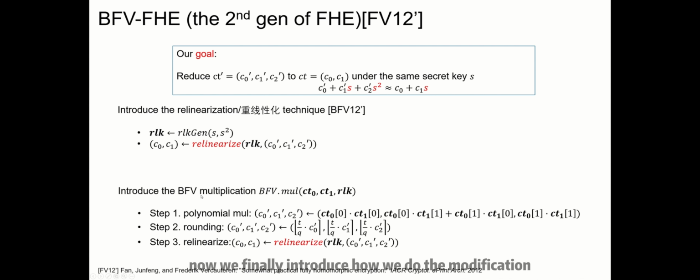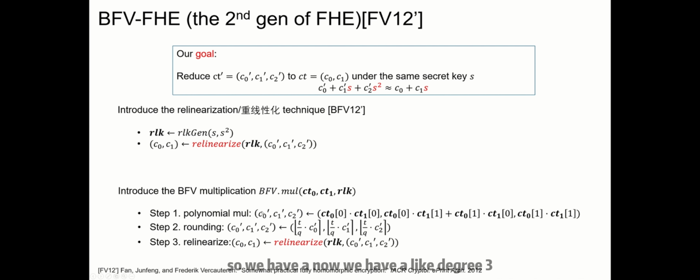Now we finally introduce how we do the multiplication, that is the BFV Mult algorithm. I give you an encryption of the message M0, an encryption of the message M1, and I also give you the relinearization key. And we can perform the multiplication in 3 steps. In step 1, we do the polynomial multiplication we have introduced.